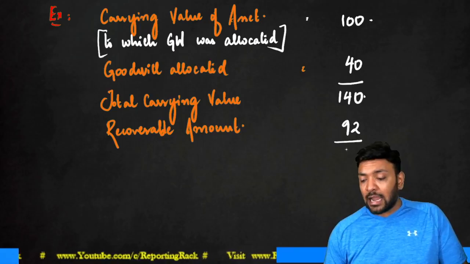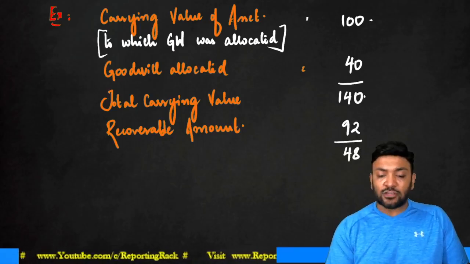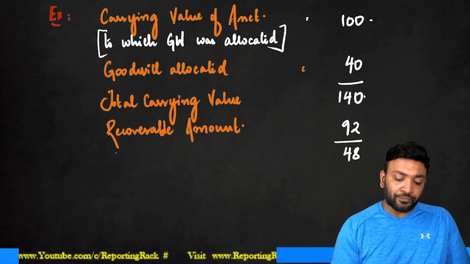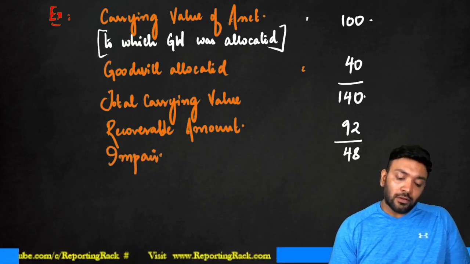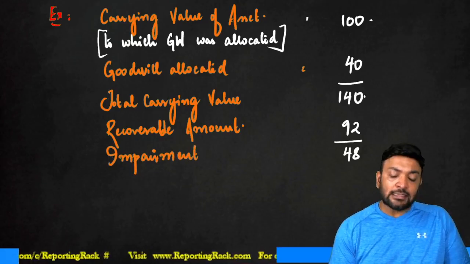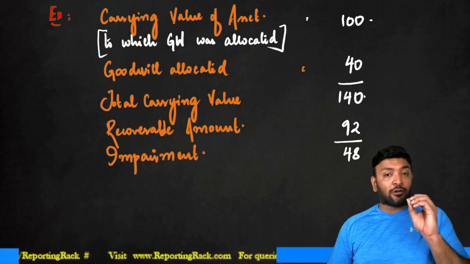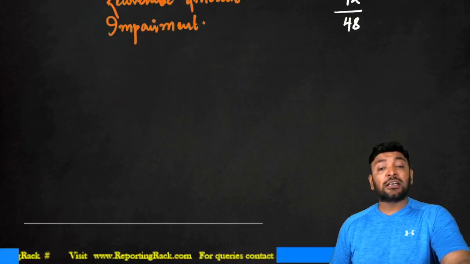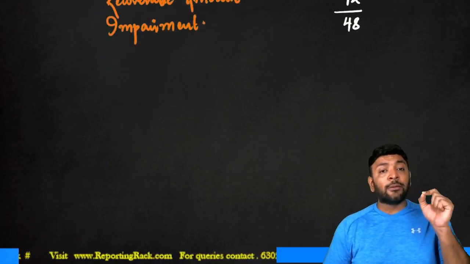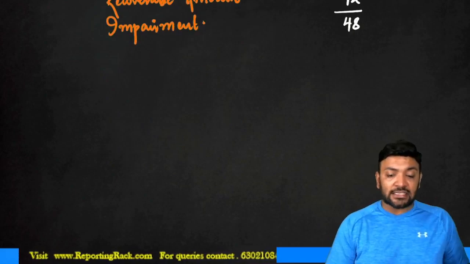Therefore, I have 48 rupees of impairment. In such cases, this 48 rupees should be first allocated to the value of goodwill and then the balance to the value of asset.